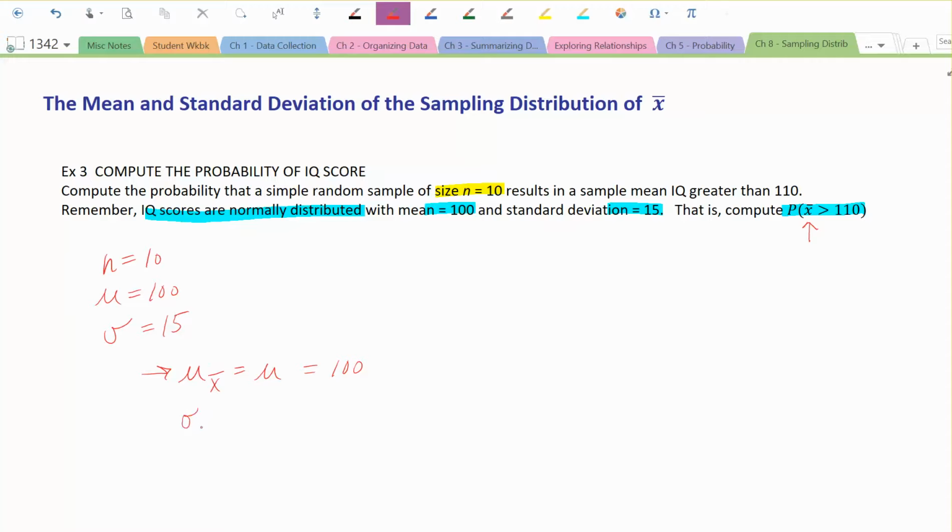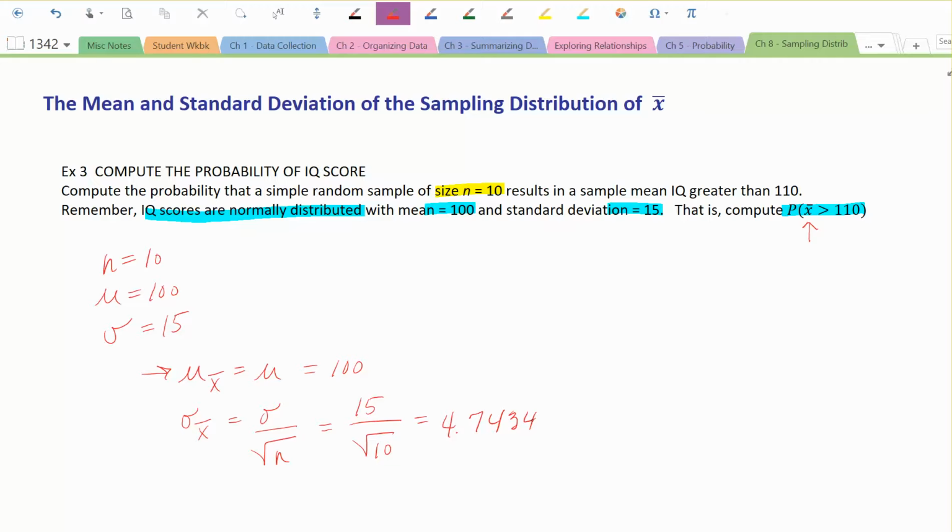The standard deviation of the sample is given by the standard deviation of the population divided by the square root of n. So that is 15 divided by the square root of 10. When I plug that into my calculator to 4 decimal places, I find that the standard deviation of the sample is going to be 4.7434.